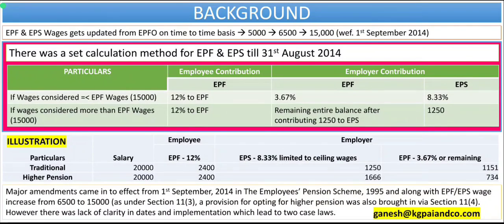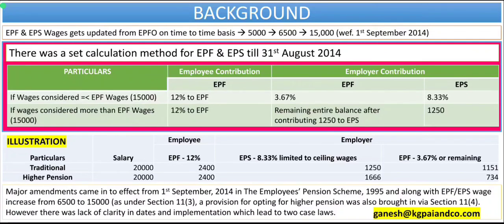As far as EPS is concerned, 8.33% of PF wages would directly go and sit in the pension scheme. I hope you are seeing the big difference there. Earlier, the EPF account was fat, whereas now that has weakened and your pension account is becoming strong. That's quite a lot of explanation to have a clear understanding related to PF.